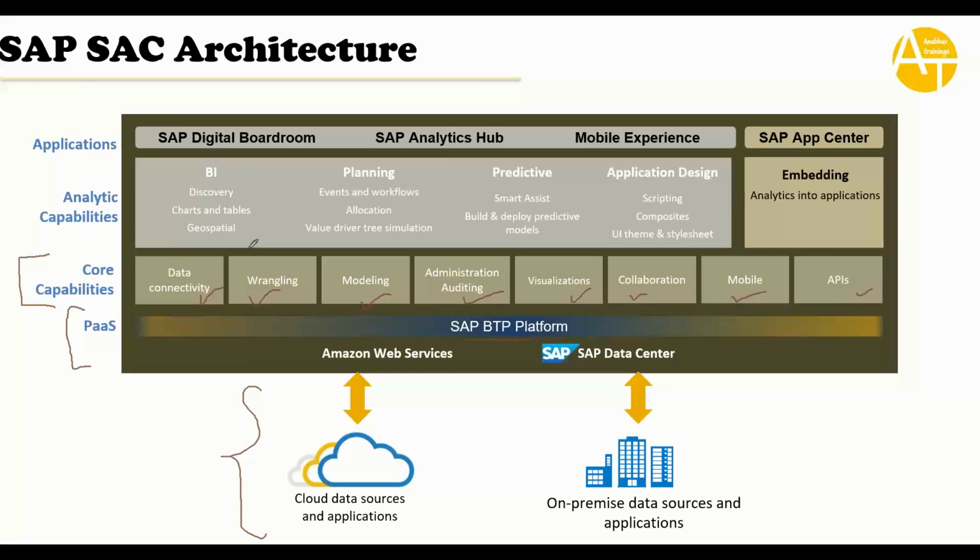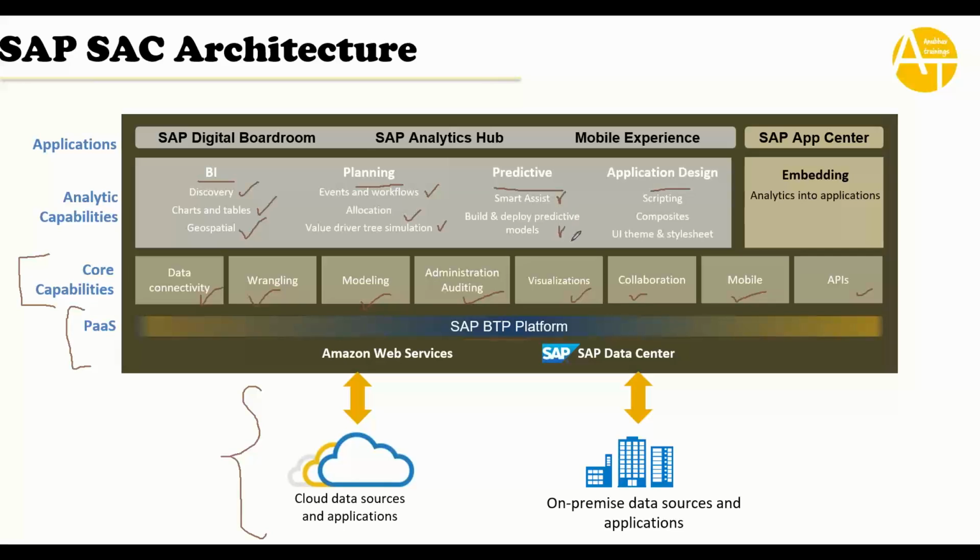And then we have the main capabilities like BI, planning, predictive, and design. These features are being reused across. In BI, you can do data discovery, charts and tables, and geospatial analysis. In planning, you can build events and workflows, allocations and simulations. In predictive, you can do smart assist and also build predictive models for machine learning scenarios.